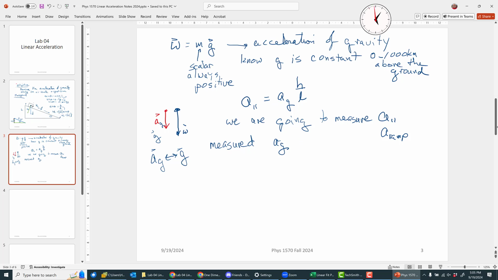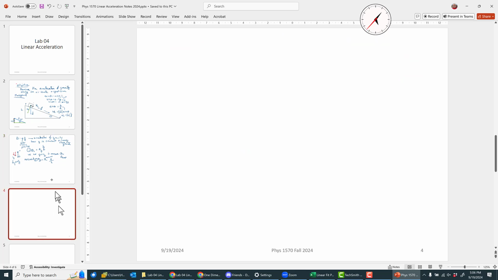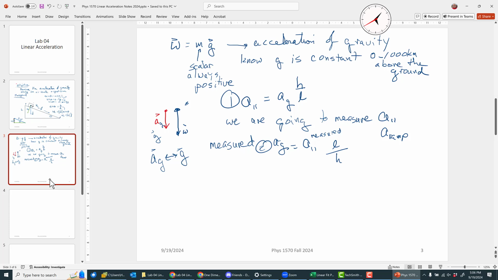We just have to solve for it: g measured equals the a parallel measured times now L over h. Okay, so that's our background. Let's call these equation 1, equation 2. Let's just call that the background.